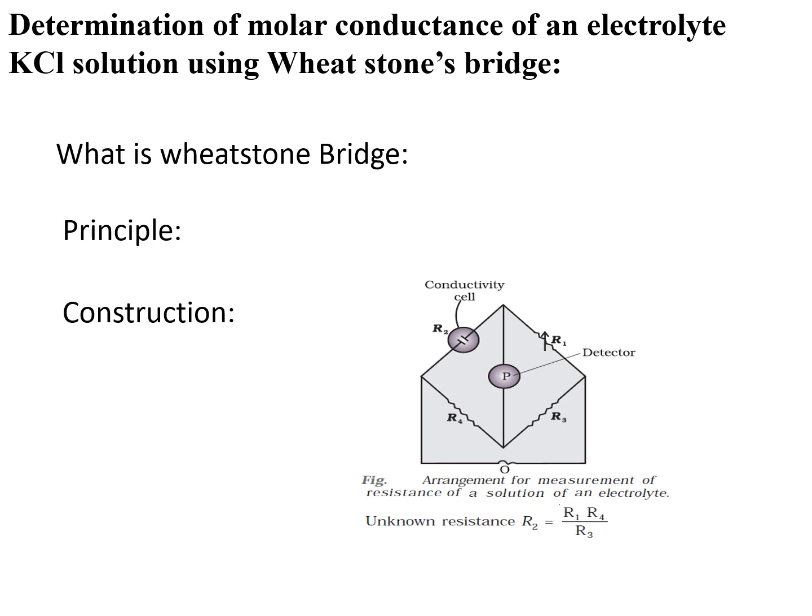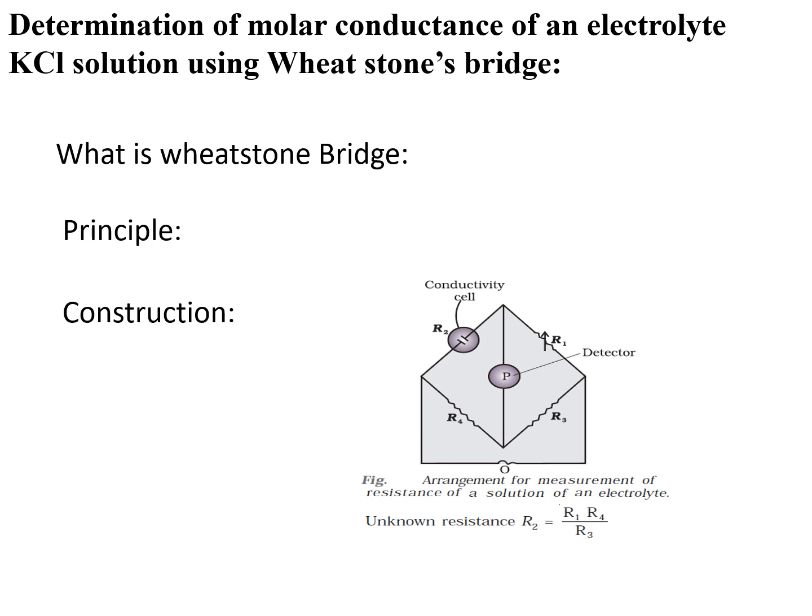Next, coming to the principle, it works on the principle of null deflection. By using the variable resistor, a suitable resistance is removed and null deflection in the galvanometer like detector is noted. The bridge is said to be in a balanced condition when no current flows through the galvanometer. This can be achieved by adjusting the known resistance R3, R4 as you can see in the diagram and a variable resistance R1.